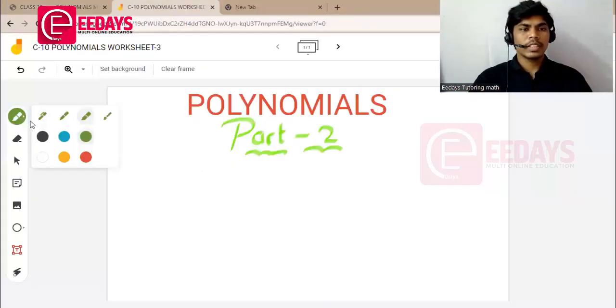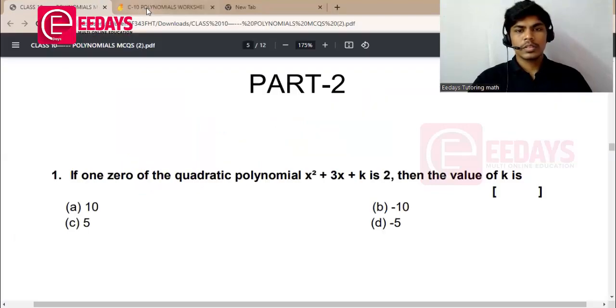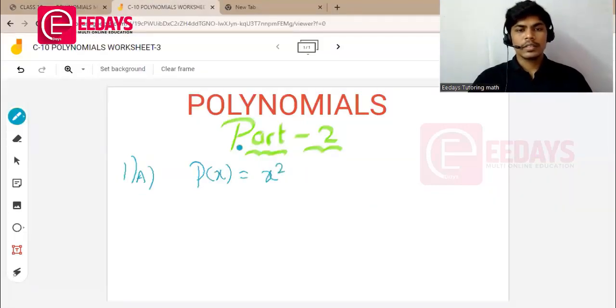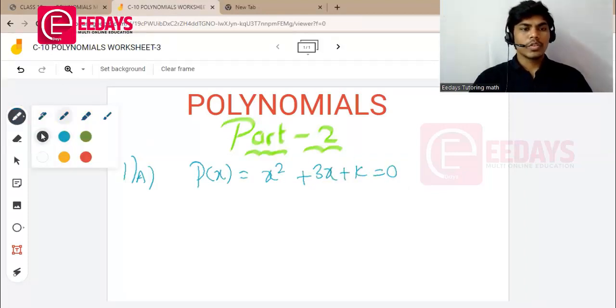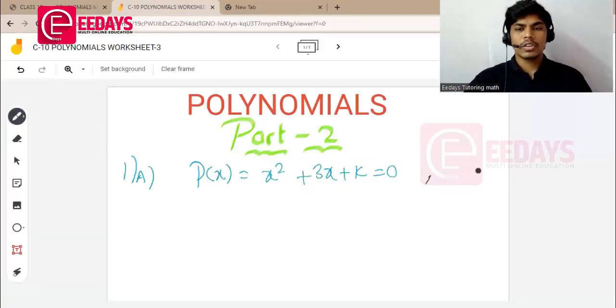The polynomial equation is p of x equals x square plus 3x plus k equals 0. One of the zeros is 2, that is, x equals 2.